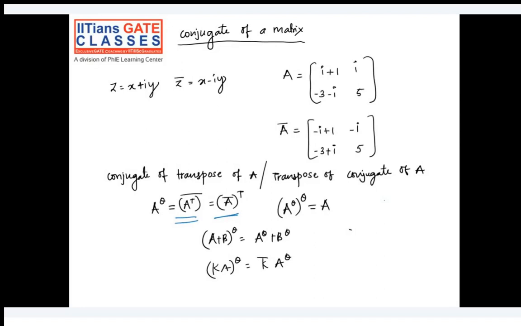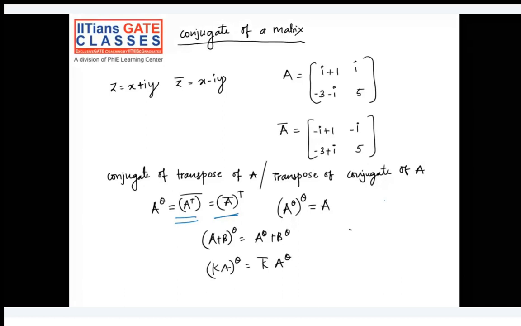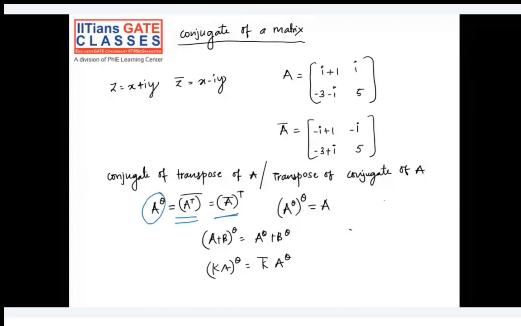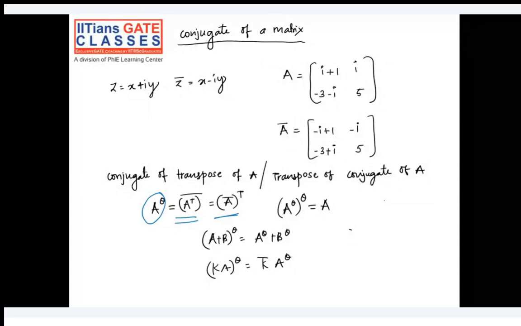So the conjugate of the transpose of a matrix, or the transpose of the conjugate of a matrix A, can be written as A raised to the power theta. Rather than writing A transpose bar or A bar transpose, we can also write it as A to the power theta.